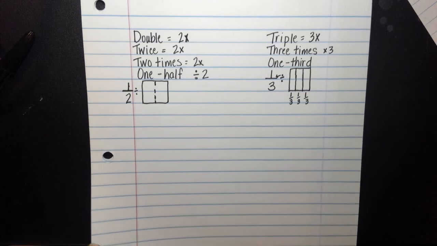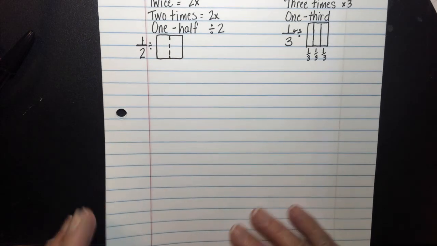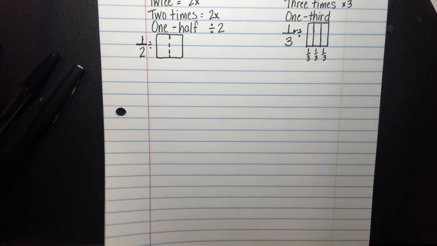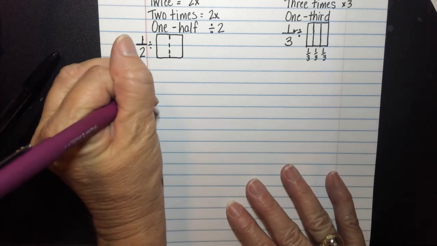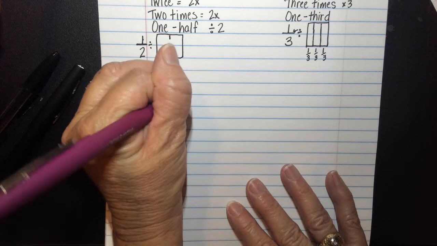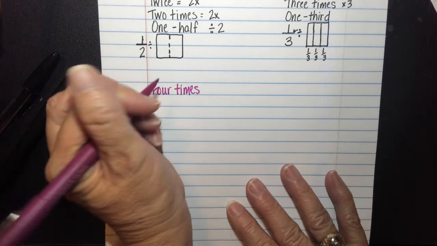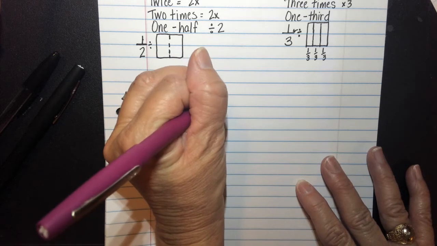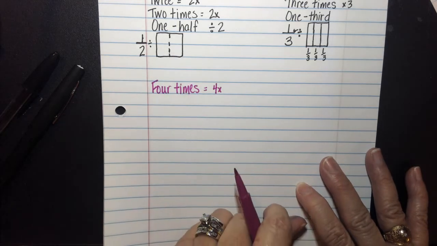Now I'm going to skip a line or two, probably 2. I'm going to add a little color. I forgot to change colors, but I'm going to add a little color, and I'm going to call this 4 times. Sometimes we hear 4 times the amount. It's just simply multiplying by the number 4.